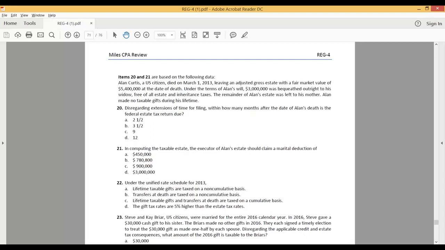Now, under the unified tax rate schedule for 2013, lifetime taxable gifts are taxed on a non-cumulative basis, transfers at death are taxed on a non-cumulative basis, lifetime taxable gifts and transfers are taxed on a cumulative basis, and the gift tax rates are 5% higher than the estate tax rates.